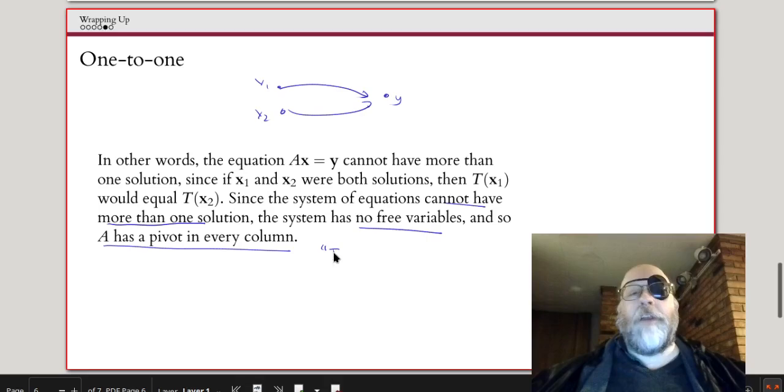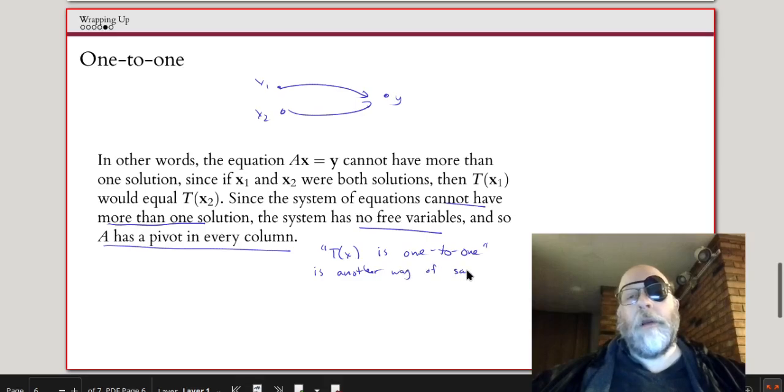And we know what pivot in every column means. So saying that T of x is 1-to-1 is another way of saying the columns of A are linearly independent.